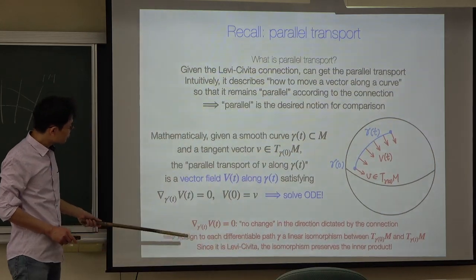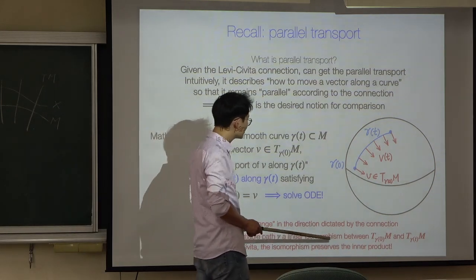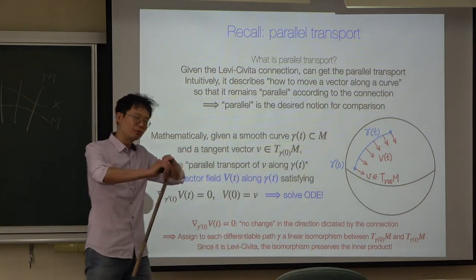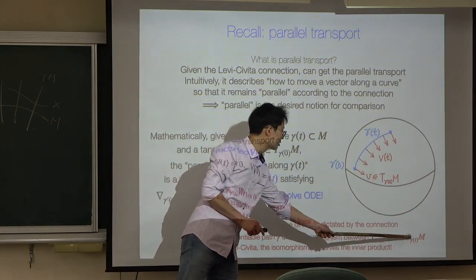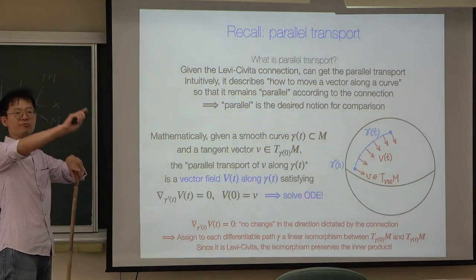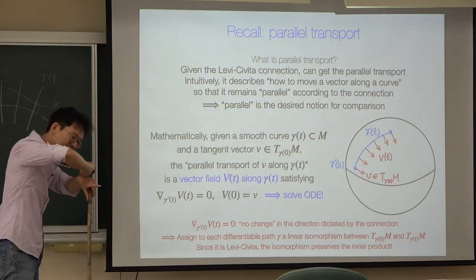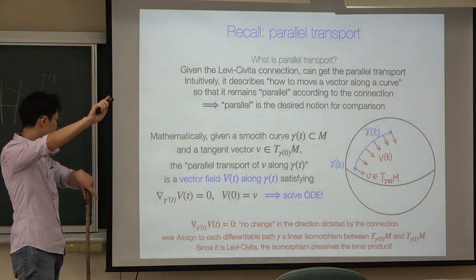But the good point is it assigns to each differentiable path gamma a linear isomorphism between the initial tangent space and the tangent space at gamma of t. And this isomorphism tells you how you map one vector at one point to another in a canonical way.